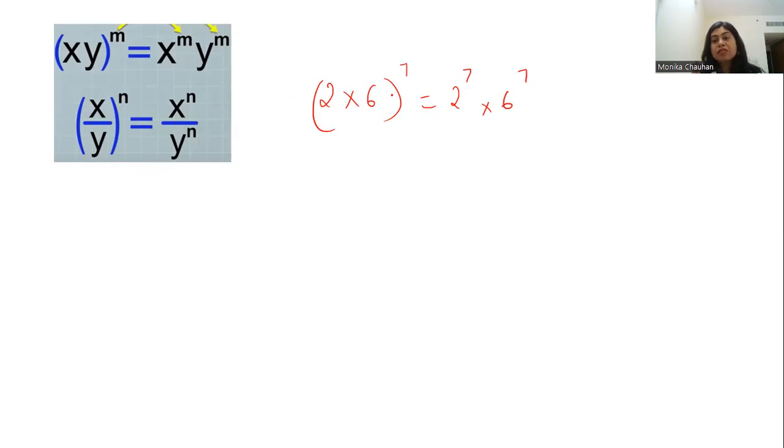They both have the same powers. Here, these two numbers are in multiplication inside the brackets, and you are separating them. Then, if we have 2 upon 7 raised to the power 3, it becomes 2 raised to the power 3 upon 7 raised to the power 3. That's how you separate it, whatever the need is according to the question.